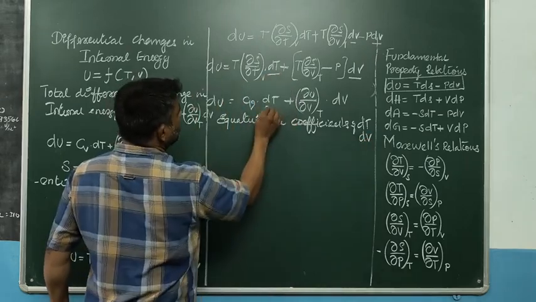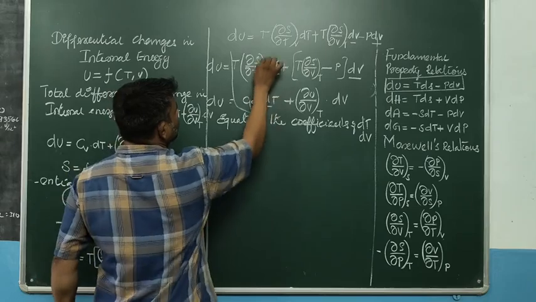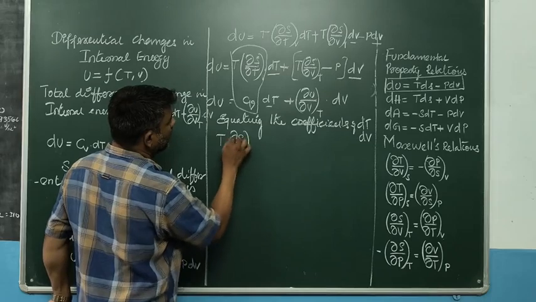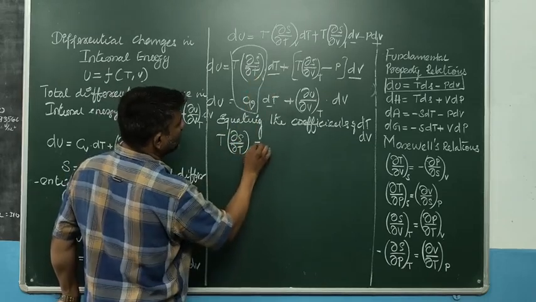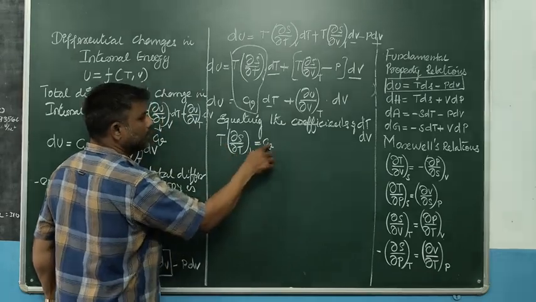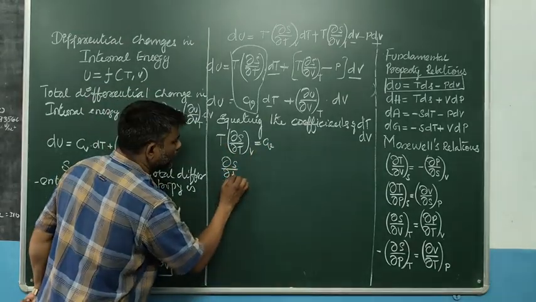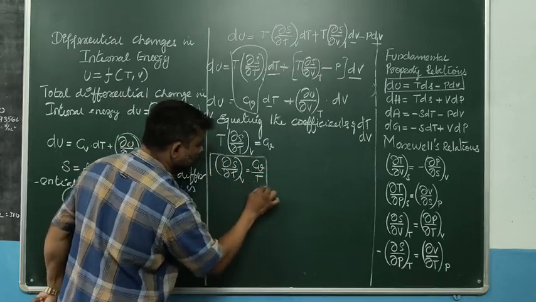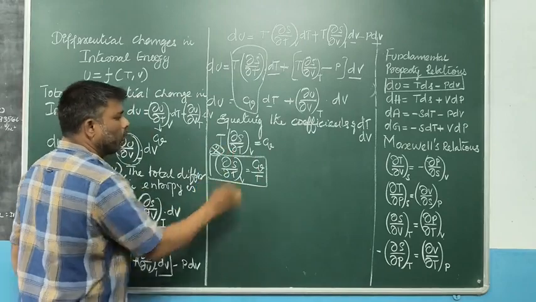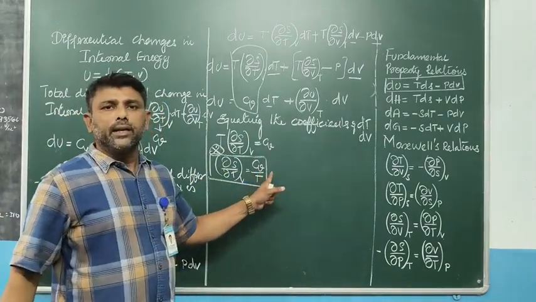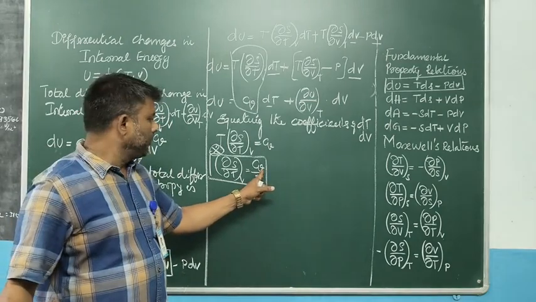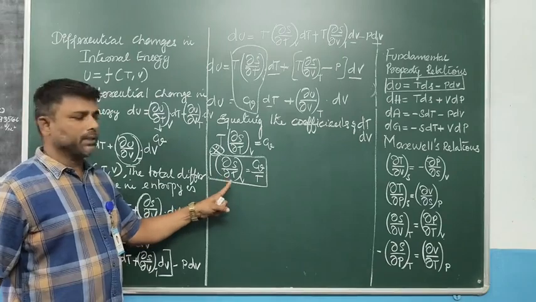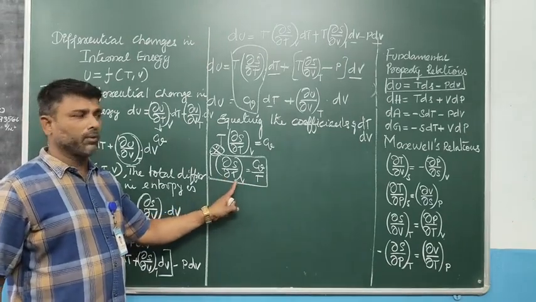Clear? For dT, I am going to equate this one. So T times (∂S/∂T) at constant volume is equal to Cv. This equation gives (∂S/∂T) at constant volume is equal to Cv/T. This is important information. When you know the heat capacity at constant volume Cv and temperature, it is easy to estimate the changes in entropy with respect to temperature at constant volume. This is the important information.